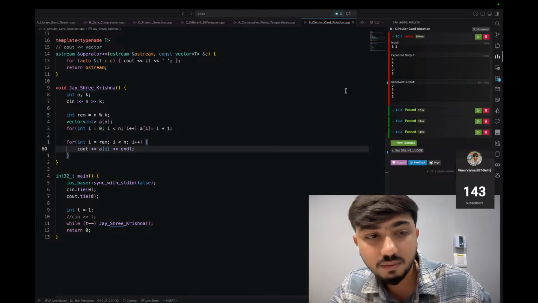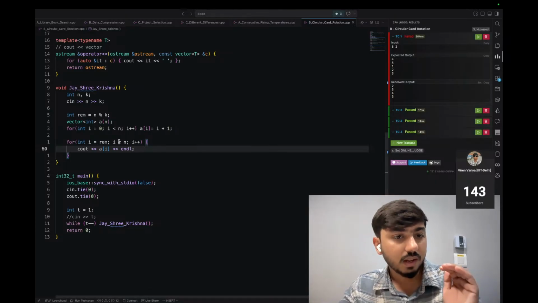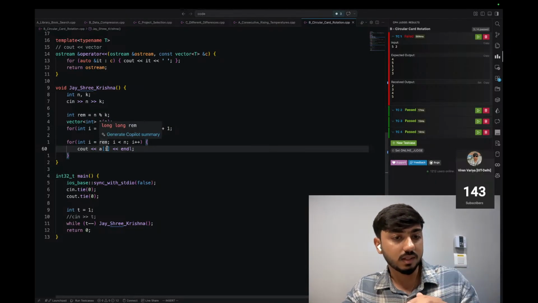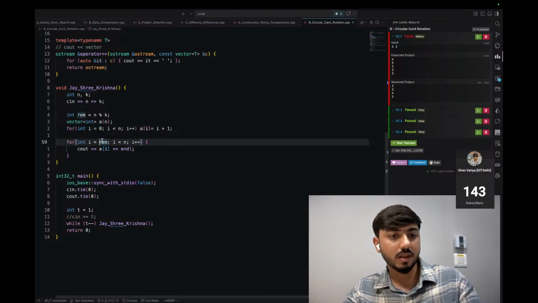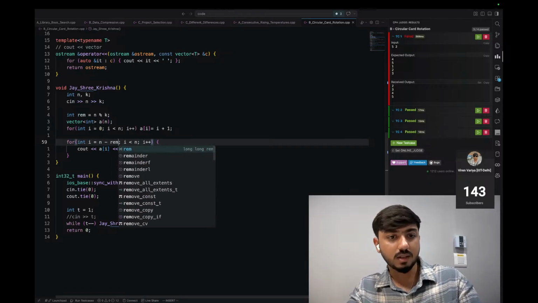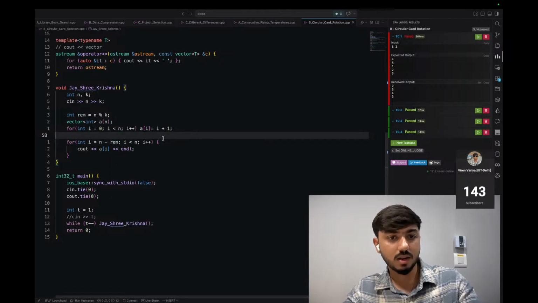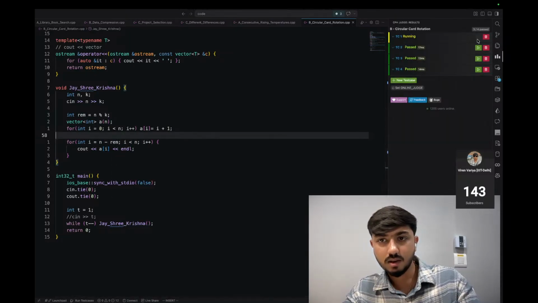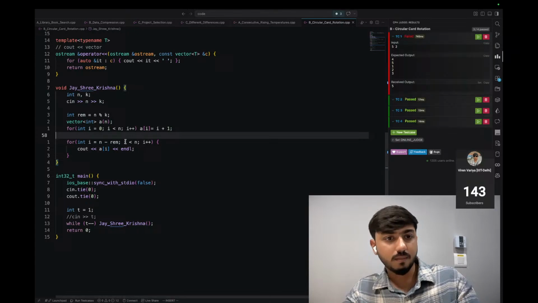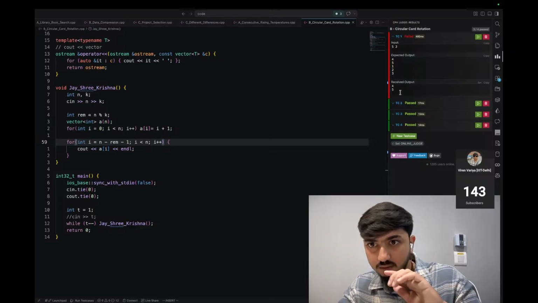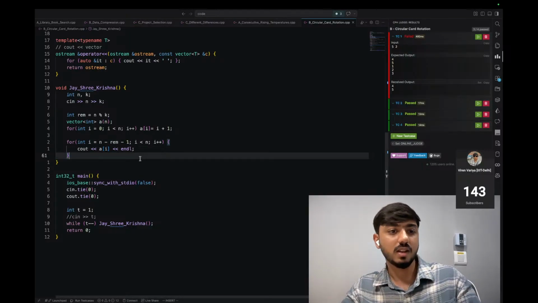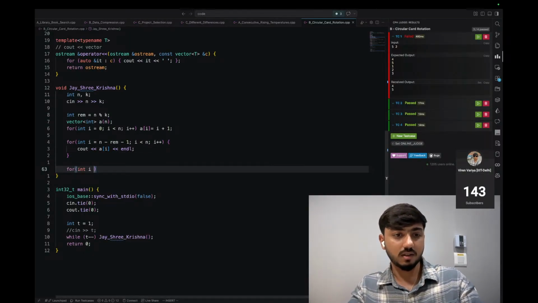So everything is shifted by this. What I can say is n minus remainder minus 1. See, we're getting 4, 5, right? That's all. Now we need to start from there.